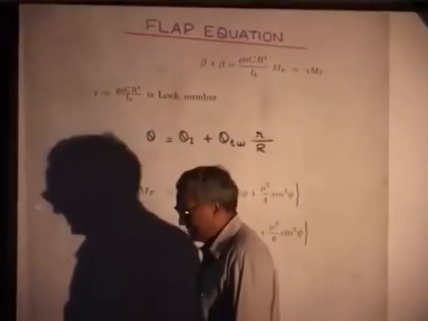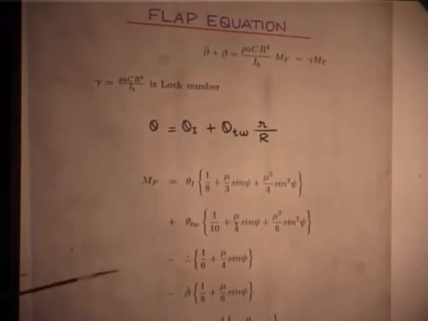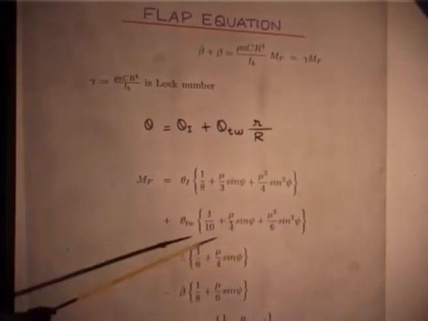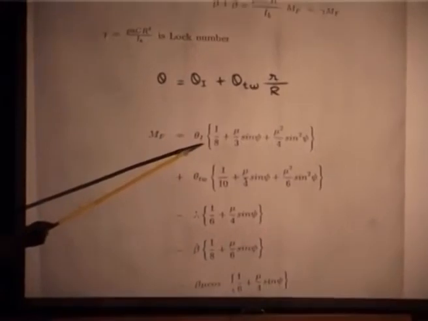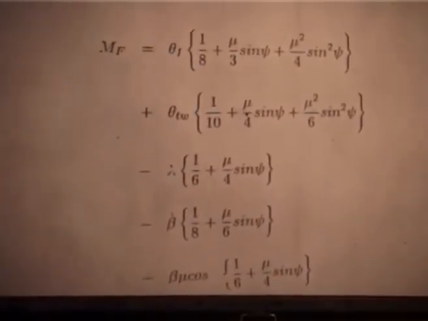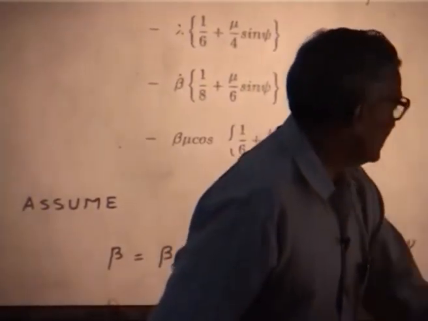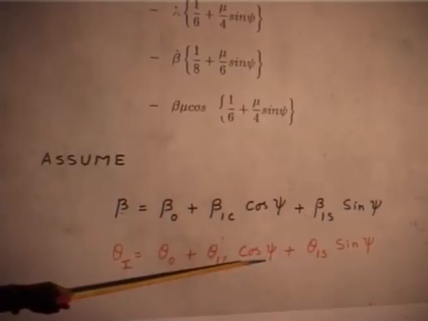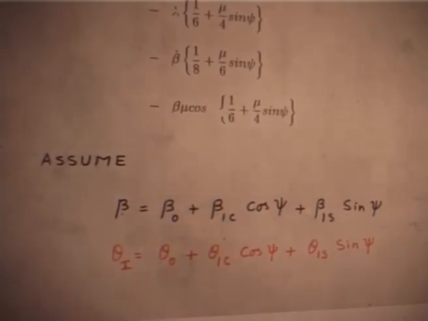See this is my equation of motion, okay, and M_F I have written below, that moment due to flap, and of course Mach number is here, input is theta I. Theta I is shown as theta naught plus theta 1c cos psi plus theta 1s sin psi. This is a non-dimensional time. So, if my input is varying, how my output will vary?